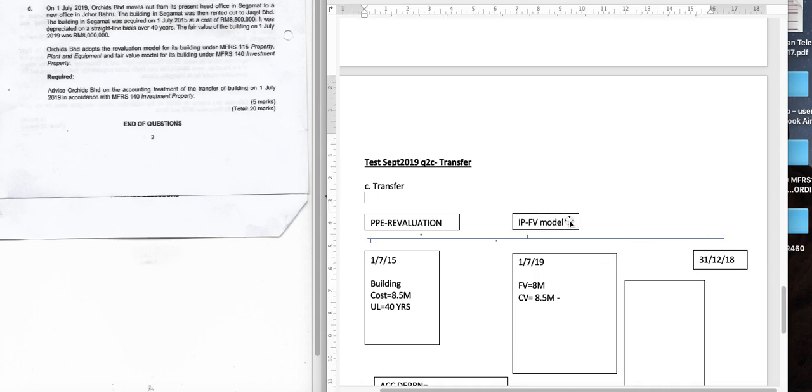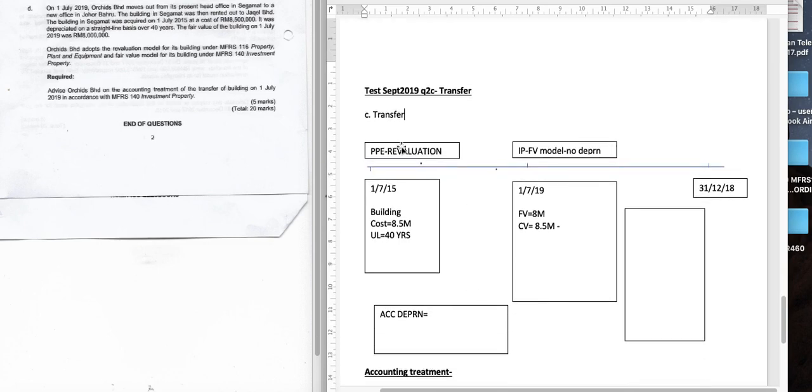So when it is fair value model, you don't depreciate. No depreciation. Okay, so advise on the accounting treatment of the transfer on 1st July 19 in accordance to FAR460. Okay, so what you do here.